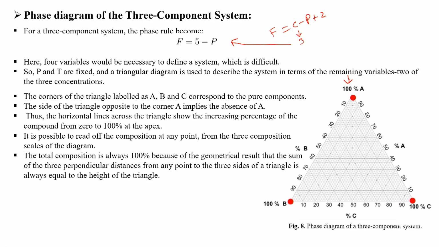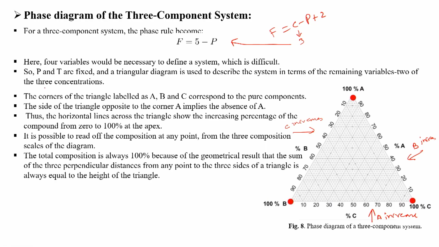Component B increases in this direction, and component C increases in this direction. Basically, at this corner we have 100% component A. So component A increases in this direction, component B increases in this direction, and component C increases in this direction.